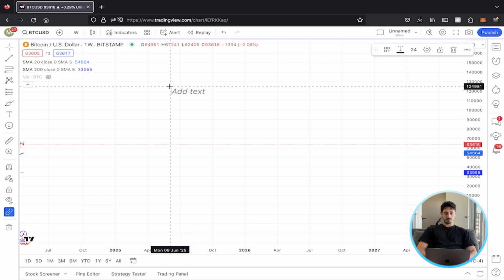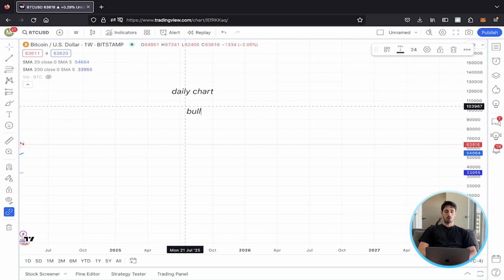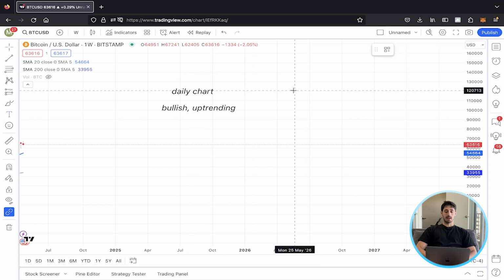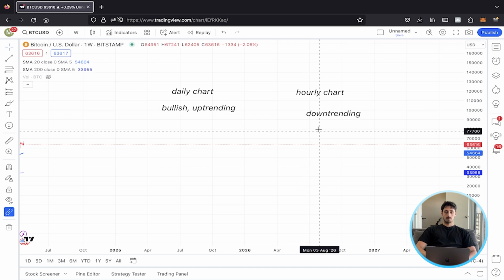Let's say the daily chart is bullish, meaning it's uptrending, right? Just as an example, uptrending. Now, let's say the hourly chart is downtrending, just as an example, okay?